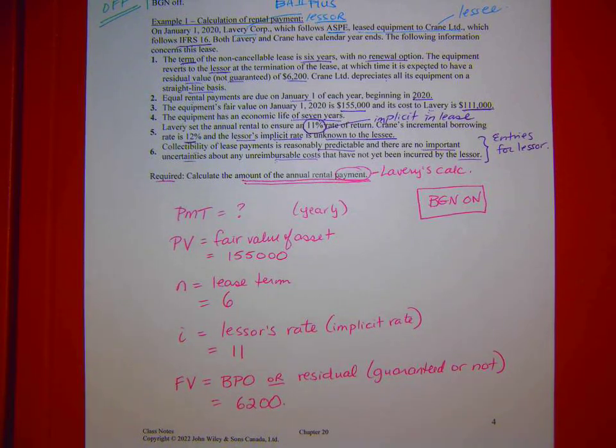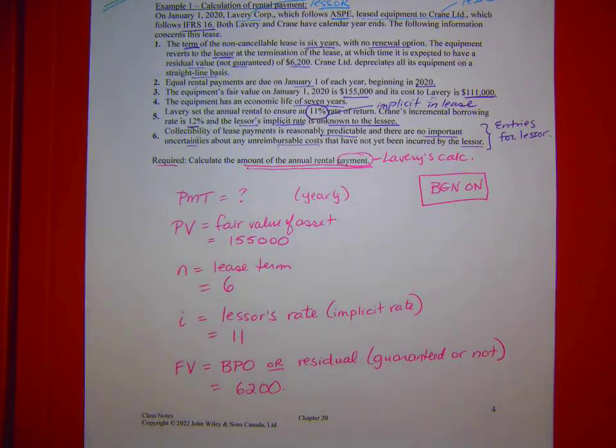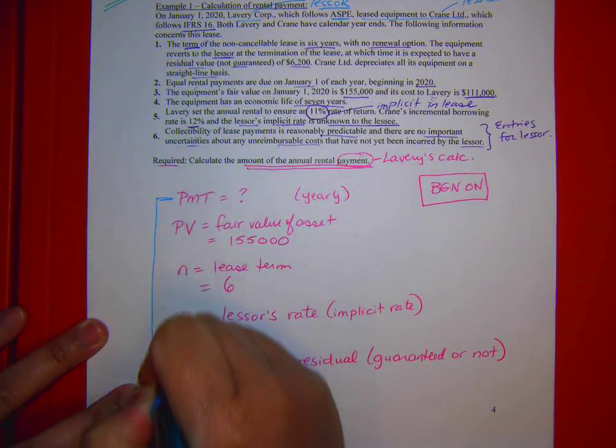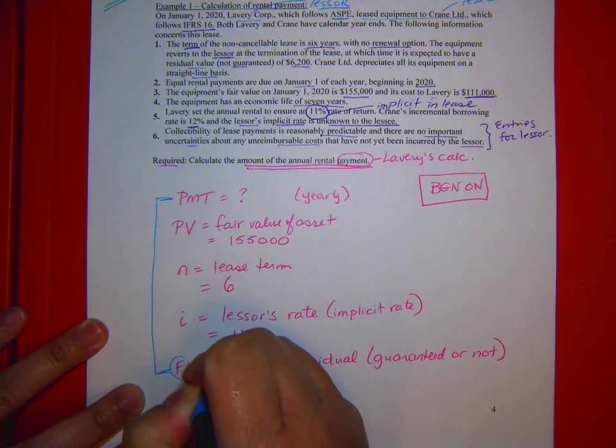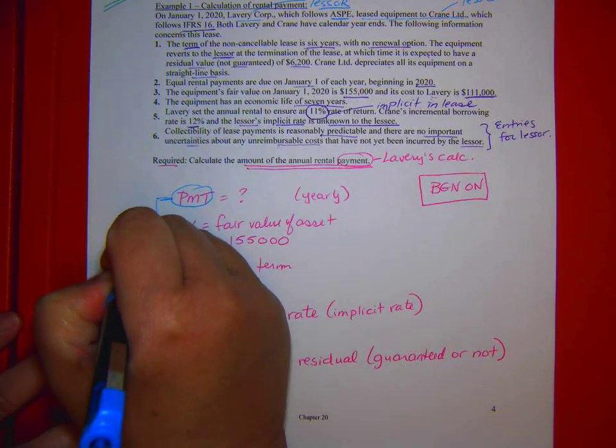Now, before you go ahead and enter that into your calculator, we have to remember what we talked about briefly with bonds, and that's the sign on some of these things. Remember, present value and the future value always have the same sign.